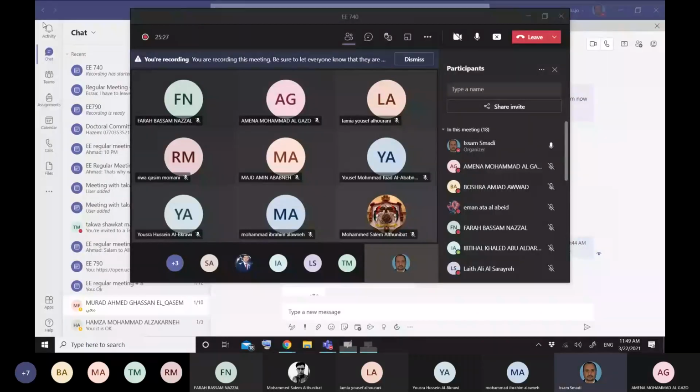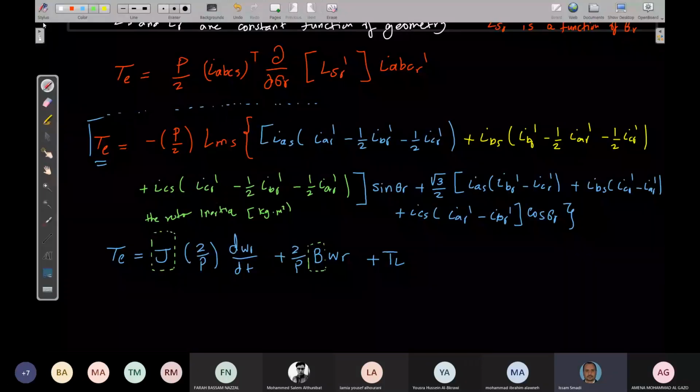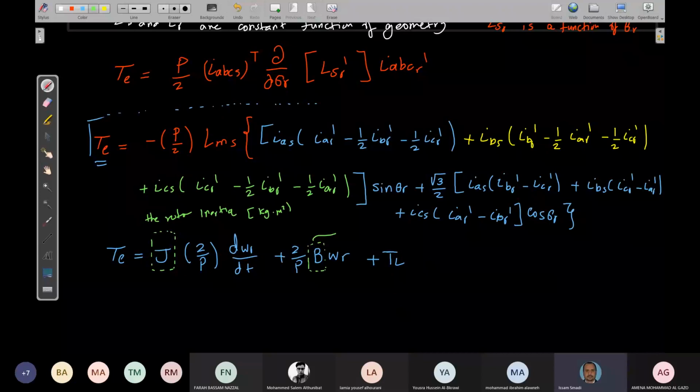Okay, sorry for that. And B is the viscous friction, and this one is Newton meter second per rad.